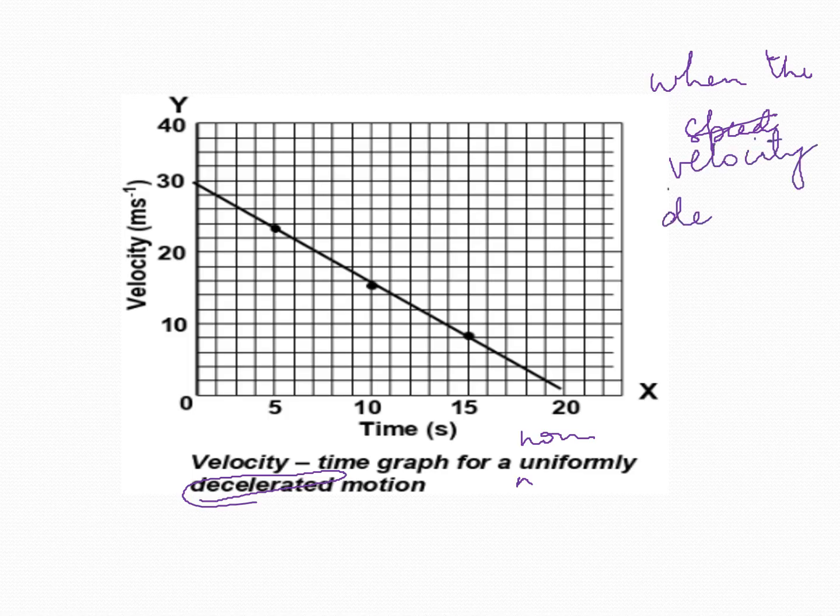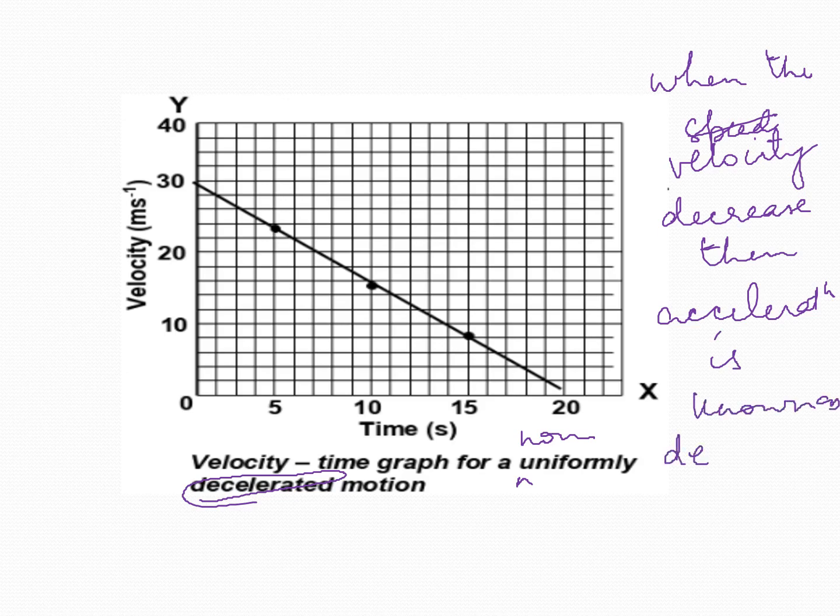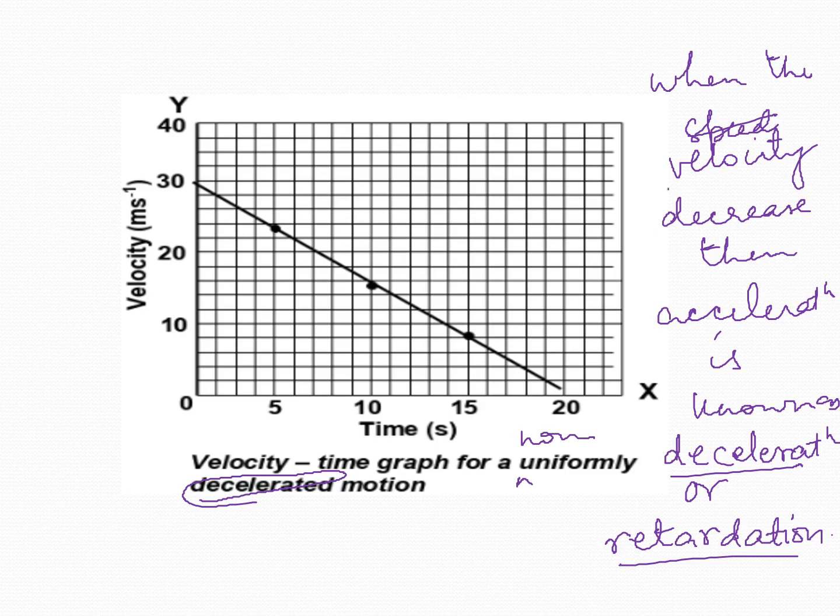When the velocity decreases, then acceleration is known as deceleration or retardation. Retardation is also a very common word. So you have to remember, negative acceleration is your deceleration or retardation. These two words are coming.